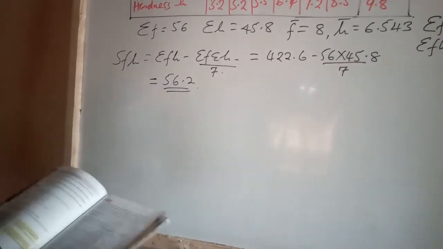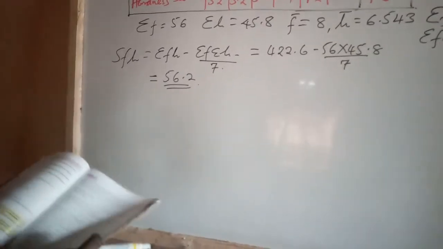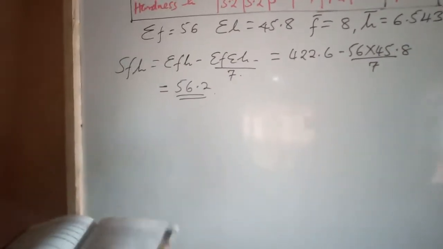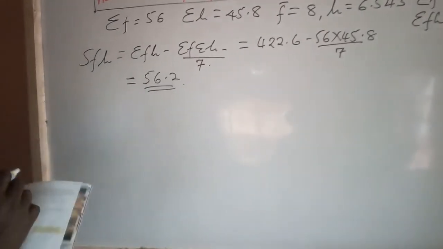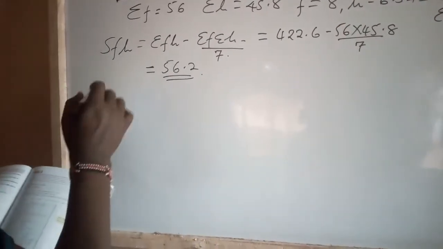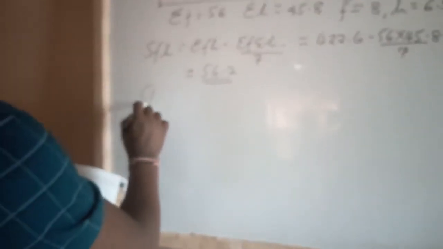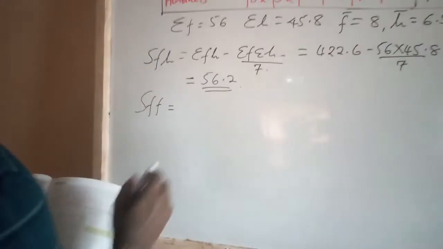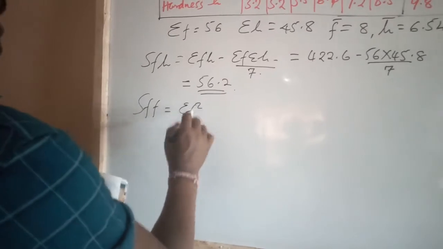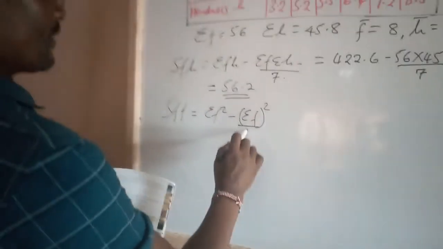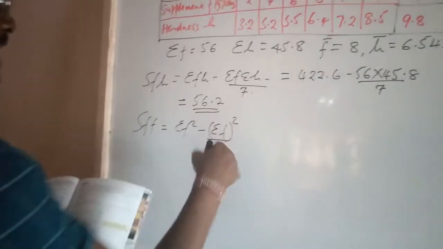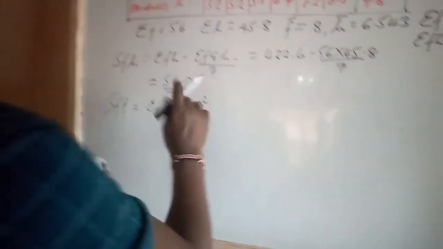We also need SFF. SFF is given by sigma F squared minus sigma F all squared over n, and n is 7 in this case.